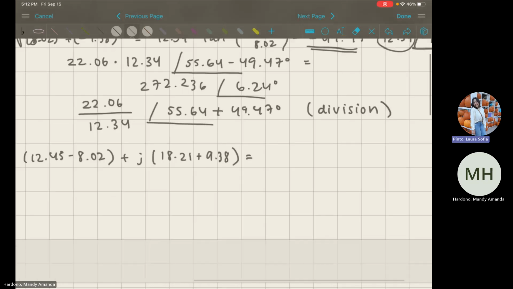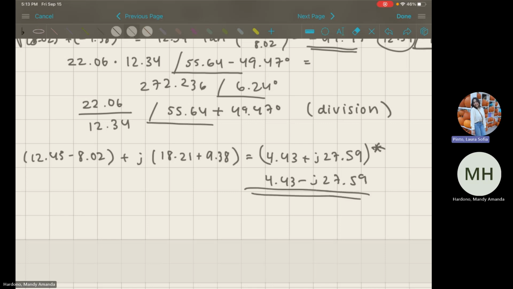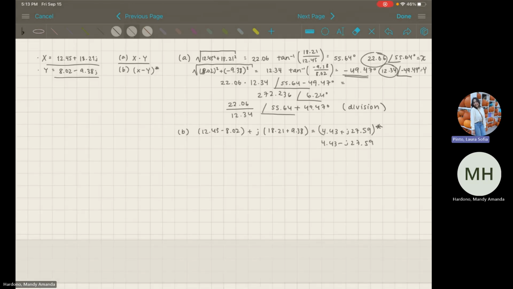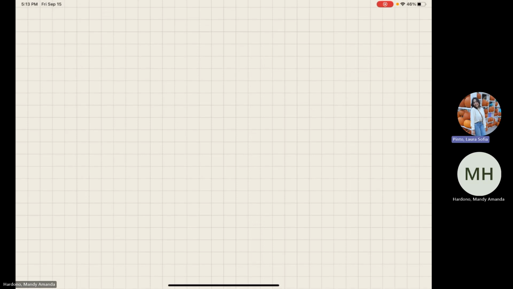You get 4.43 for the first one. Then for j? 27.69. What's the complex conjugate of this? Minus 27.69j. And then if they ask you to convert it to polar, you know how to do that, right? Okay, so that's for the complex math.